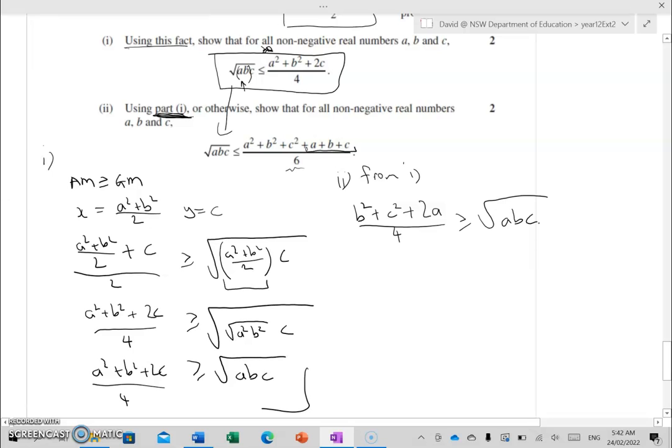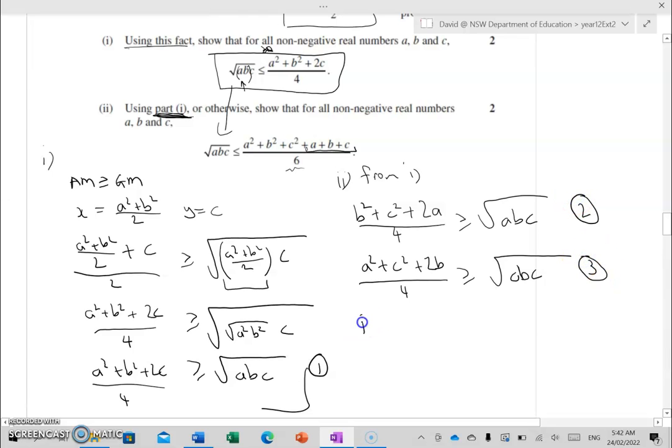And let's rotate around again. So let's get a squared plus c squared plus 2b on 4 greater than or equal to root abc again. Let's call these equation 1, equation 2, and equation 3, and let's add.